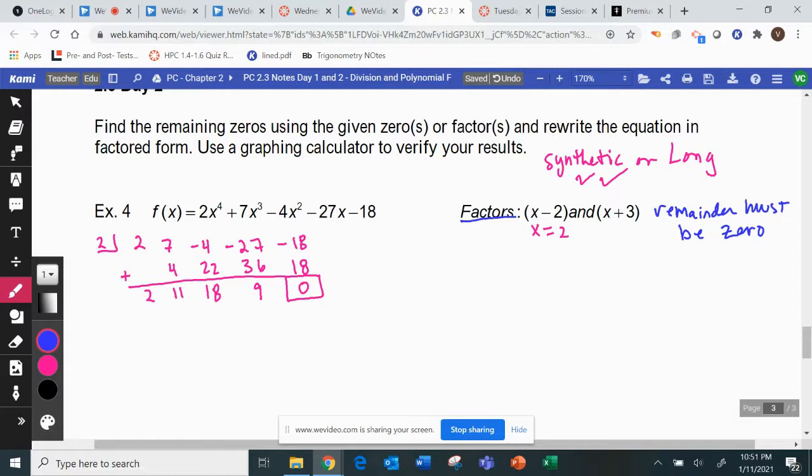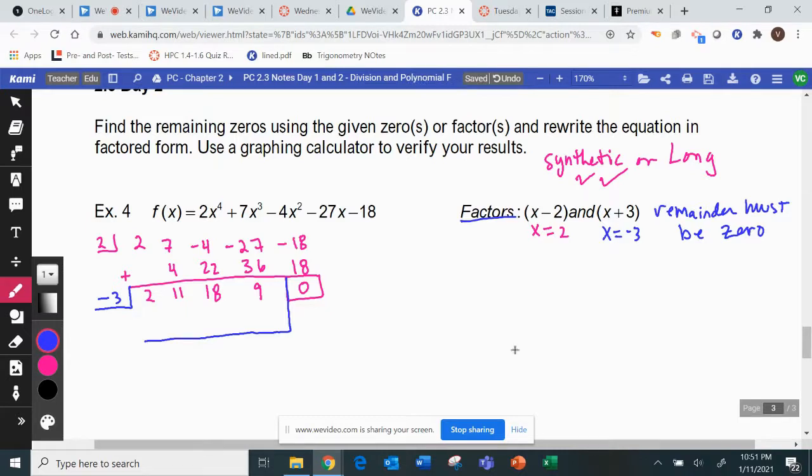Now, that is one of them factored out. I need to factor out both of them. So I am not going to start over with x plus 3 at the beginning. I've already taken out x minus 2. I'm now going to start here with x plus 3, where my box value is going to be negative 3. And I'm not going to include the remainder of 0 from before.